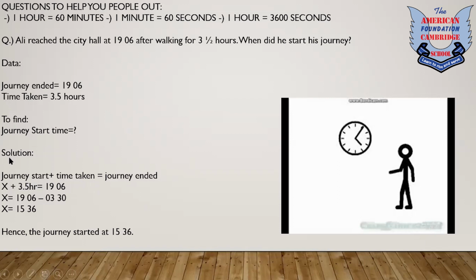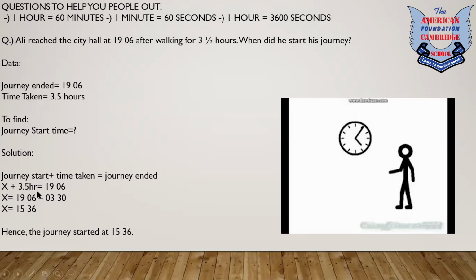We don't know the start of the journey, so we'll use a variable to represent the unknown value. Time taken is 3.5 hours and the journey ended at 1906. We'll write it in the 24-hour version. Since it's adding here, we'll subtract it on the other side.